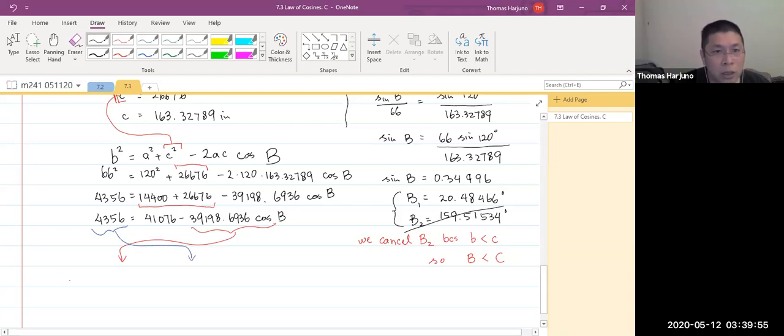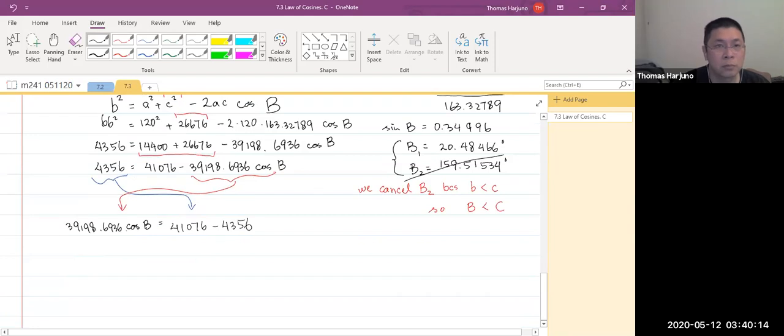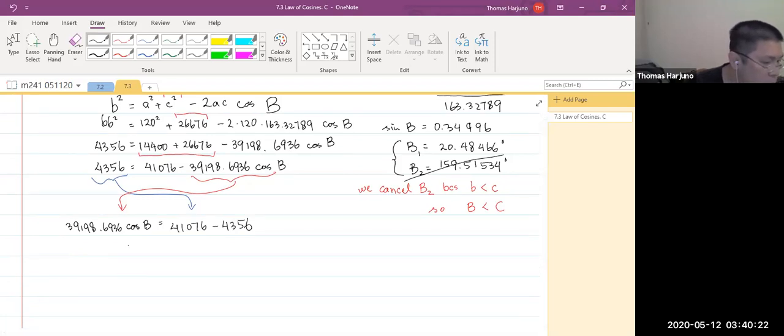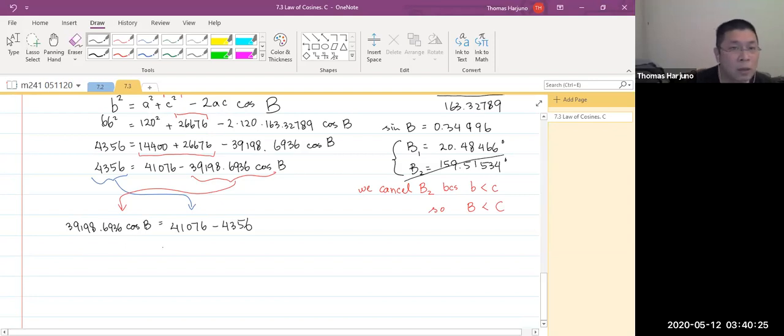Okay, so 39,198.6936 cosine b equals 41,076 minus 4,356. 41,076 minus 4,356, that's 36,720. Then I will divide both sides by whatever the coefficient I have here.